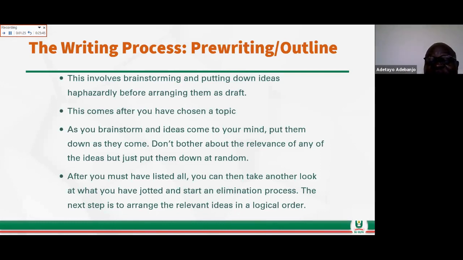After you have listed everything that you want to do, before you write anything, there is one thing missing: get yourself a jotter. At this process, the jotter is what you use to arrange your relevant ideas in a logical order.